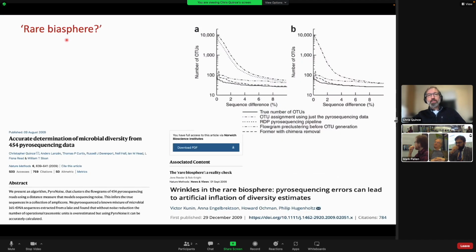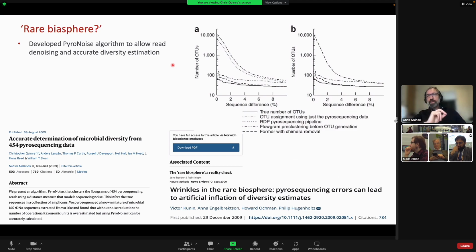So I published one of the first papers. There was another one that came out slightly later actually. So I was the first by a month or two. Pointing out that these studies that took no account of sequencing errors when they formed OTUs were greatly overestimating the amount of diversity in the community.